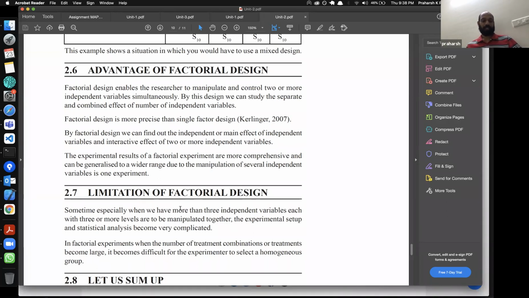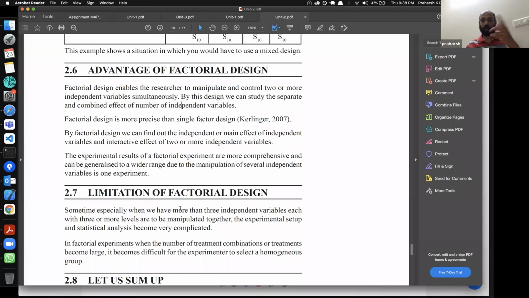What are the limitations? Sometimes, especially when more than 3 independent variables, each with 3 or more levels, are to be manipulated together, the experimental setup and statistical analysis become very complicated. Imagine you have 5 into 5, 25 types. Now you have to get 25 people for each of these treatments, 25 into 25, 625 people.